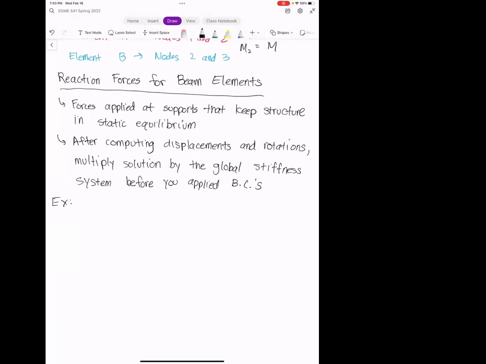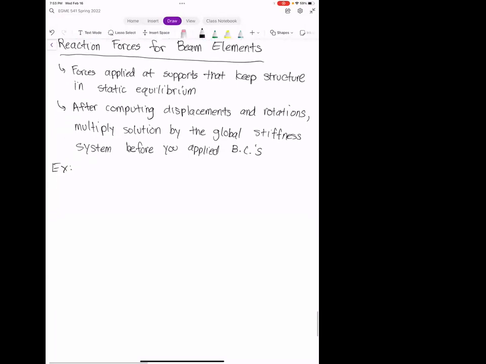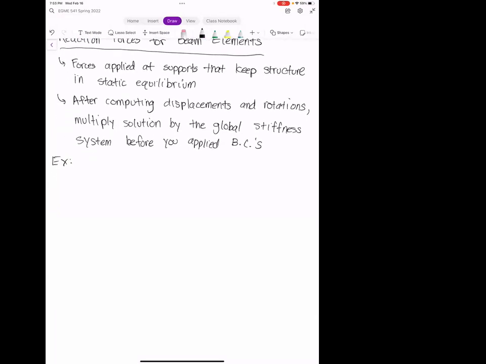In this example, we again have a two element system, specifically a two beam system. Oh, I'm sorry. So there we have two beams and a spring.